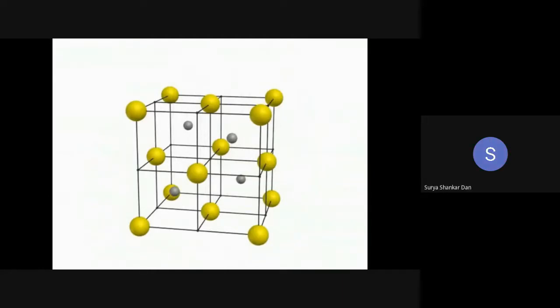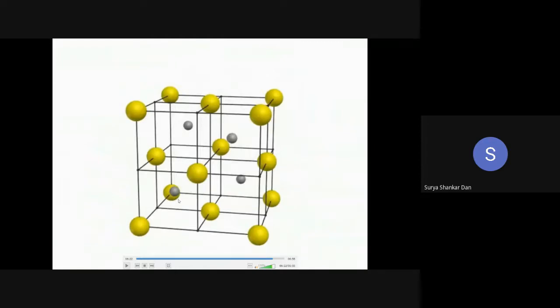The bandwidth is probably not good enough for streaming videos, I guess, so I'm sorry about it. But if you can see, I have paused the video. If you notice, there are yellow atoms and the gray atoms.